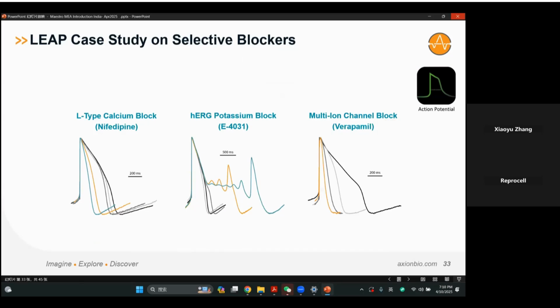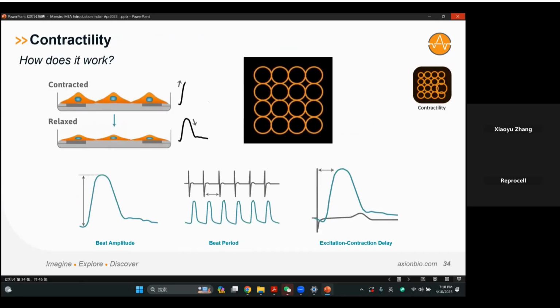Okay, that's the third one. Let's move on to the fourth, the contractility. When cardiomyocytes are cultured on MEAs, they form a spontaneously beating syncytium. As the cardiomyocytes mechanically contract and relax over an electrode, the shape change is detected as an increase and decrease in impedance.